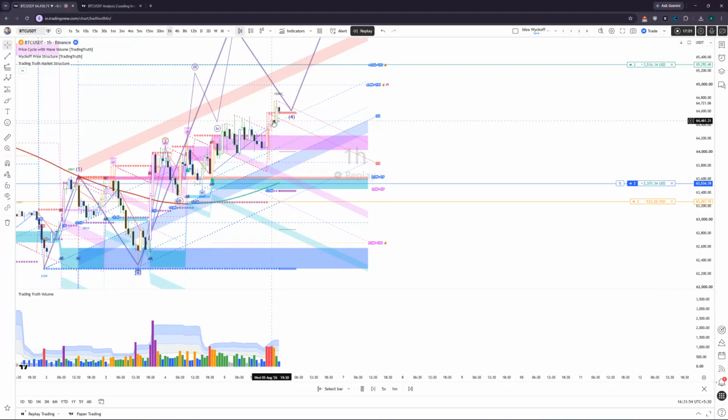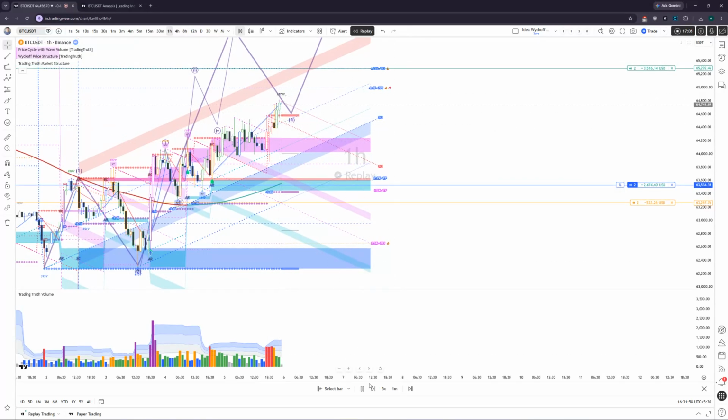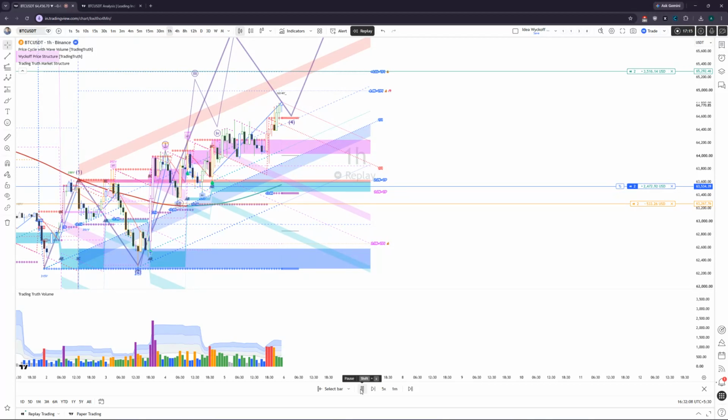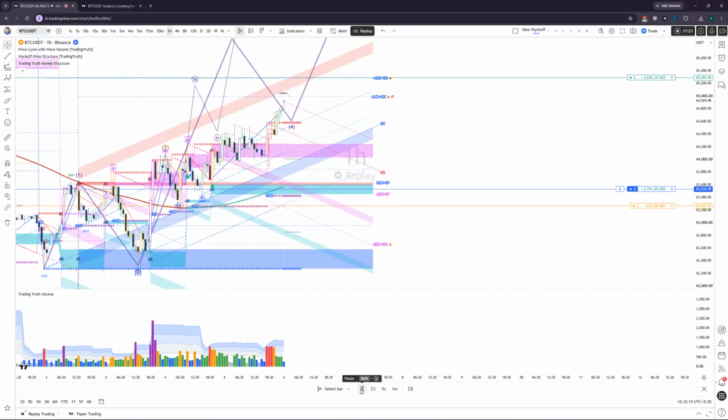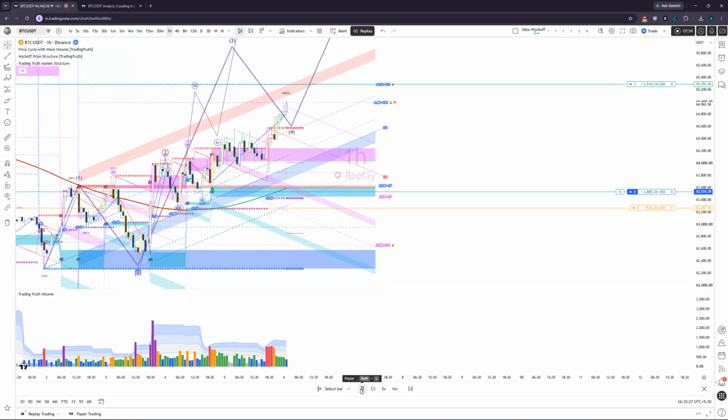Volume is coming in. You see, good candle. There we go.